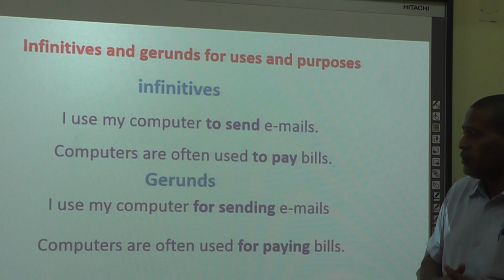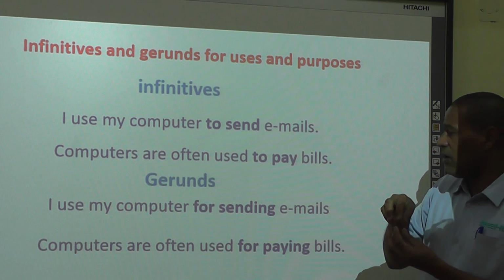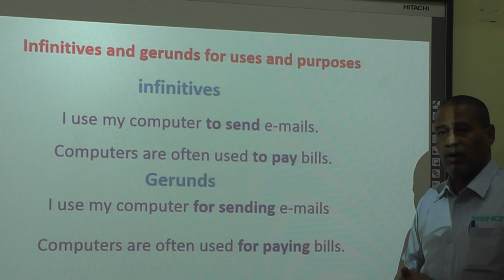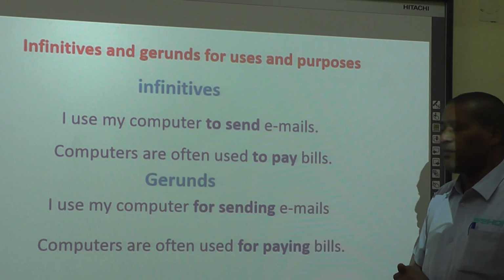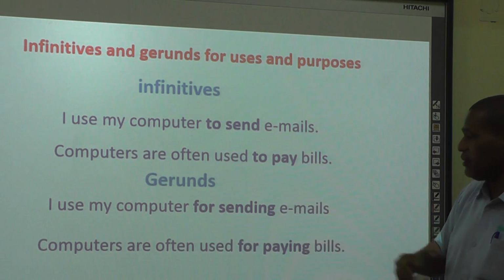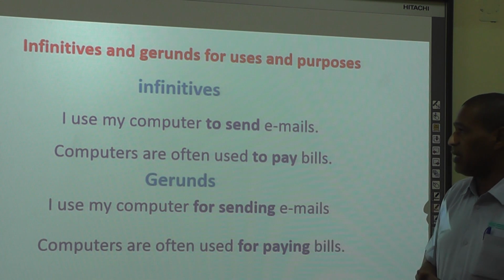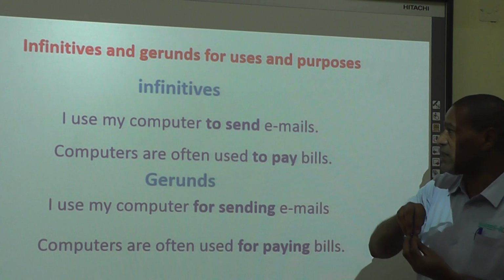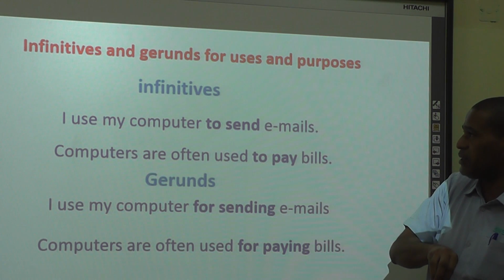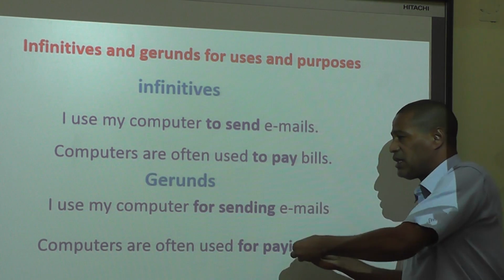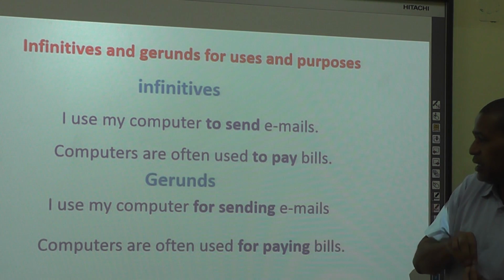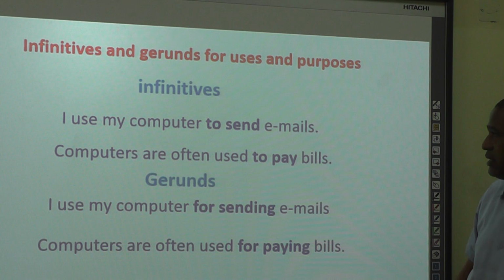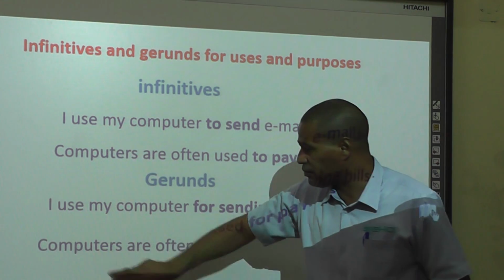With the gerunds, we focus on the purpose of the item itself. A computer can be used for many things. One of them, sending email. So this is the difference in meaning. With infinitives, the focus is on the purpose of the person, and with gerunds, the focus is on the purpose of the item itself.